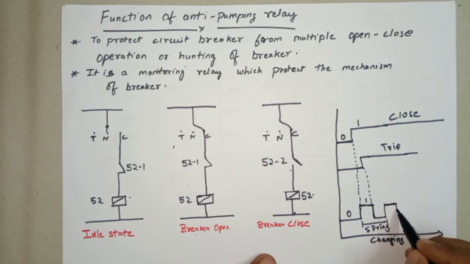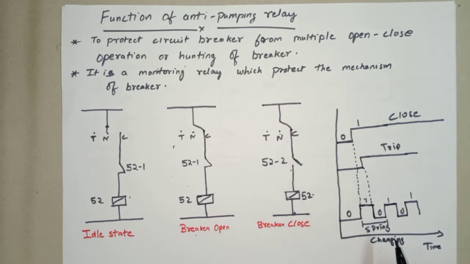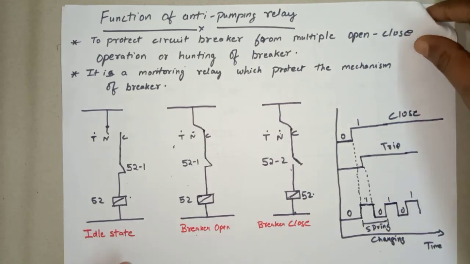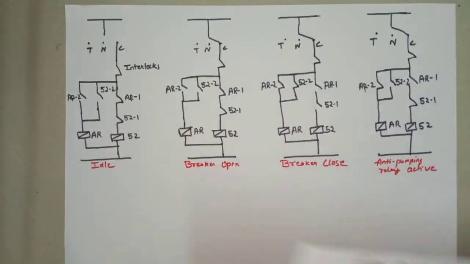So what will happen? It will again trip. So this cycle will go on. So this close open cycle, multiple CO operations of the breaker, will take place, and which may cause the failure of the breaker. This may happen if no anti-pumping relay is installed in the breaker. Now let us see what the anti-pumping relay circuit looks like.